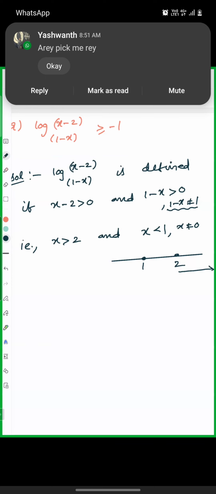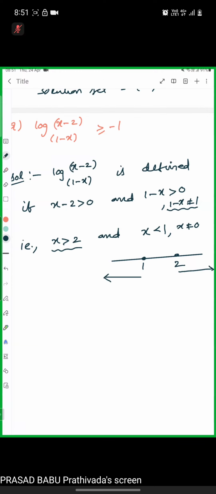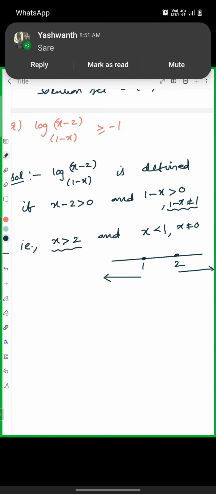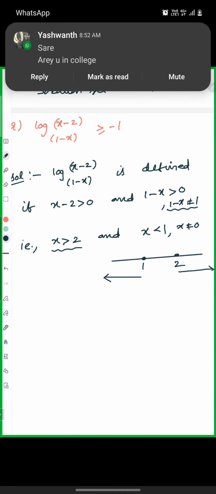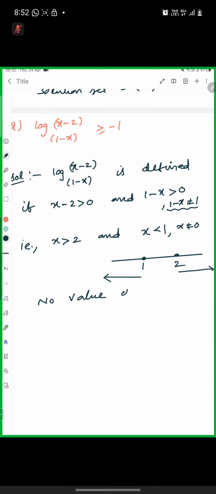Then observe the common values. There is no x which is greater than 2 as well as less than 1. There is no x satisfying both of these. So what we have is no value of x.